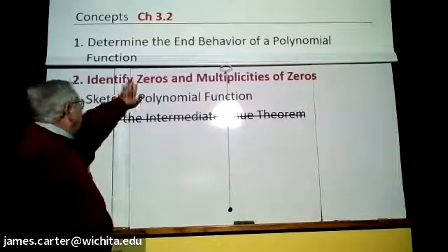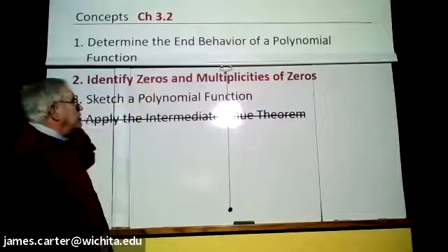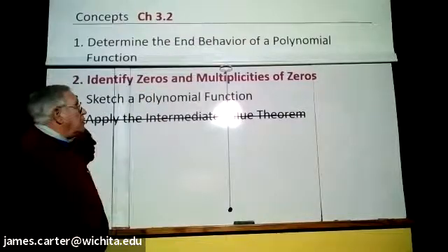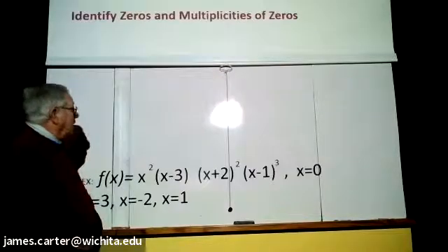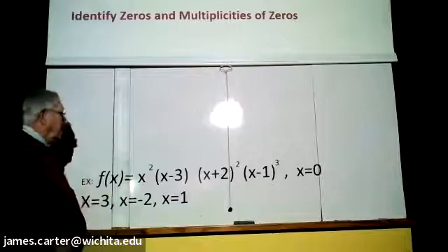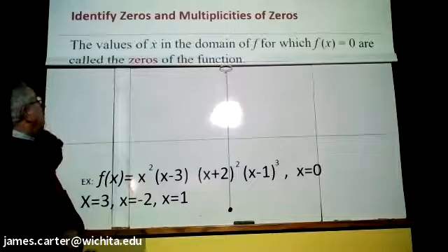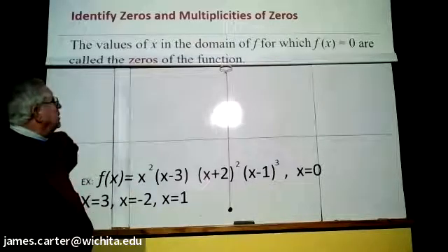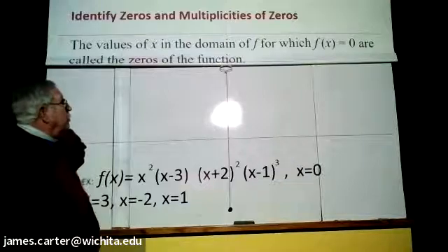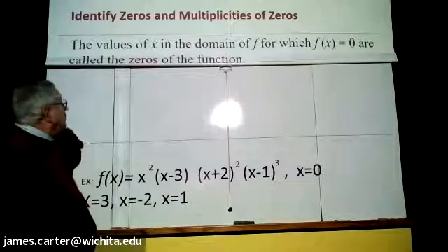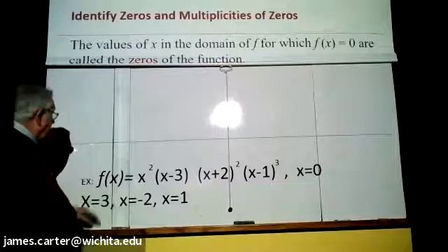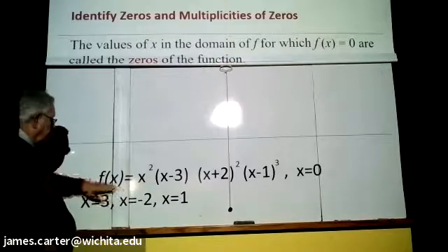Today, we're going to begin with identifying zeros and multiplicities of zeros. Values of x in the domain, for which f of x is 0, are called the zeros of the function. I have an example here.